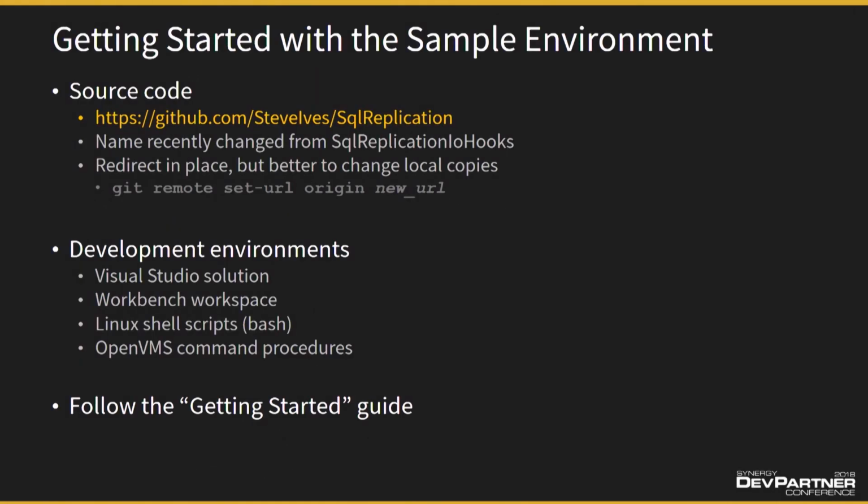Getting started with the sample environment, you basically saw me do it today, right? You clone the repository, you run the setup script to create the repository data files, or put your repository into the environment if you're just going to start off by customizing it. Oh, well, no, with the sample environment, run that setup.bat, open up the project in Visual Studio or Workbench, build it. The one thing you're likely to have to configure is the database connect string.